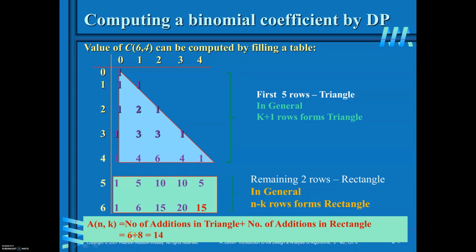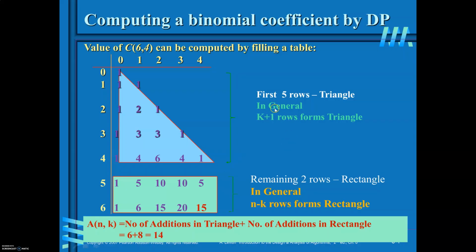So totally 14 additions are being carried out in order to find C(6, 4). We'll see in general how many additions you are required to carry out in the triangle separately and the rectangle separately. Addition of these two will give you the total number of additions carried out in order to find C(n, k).